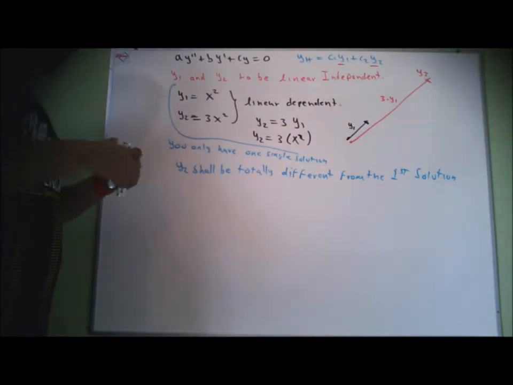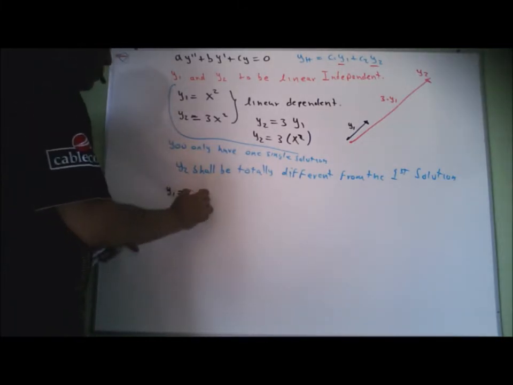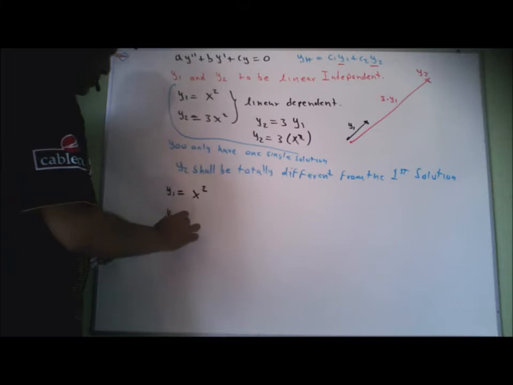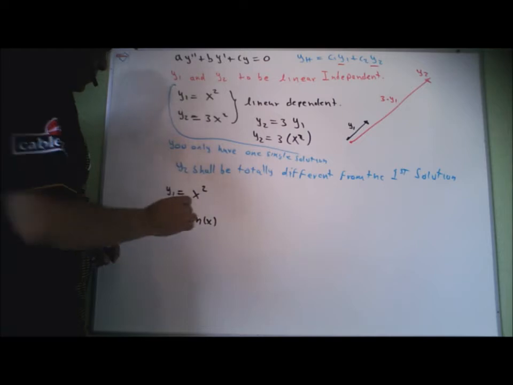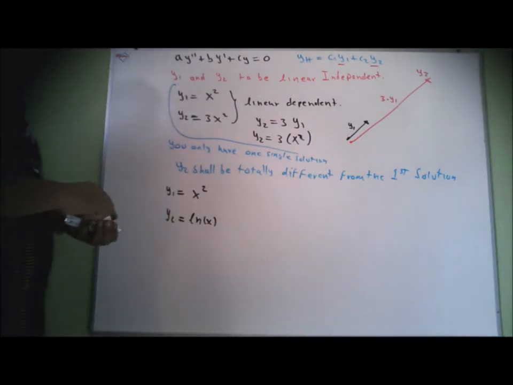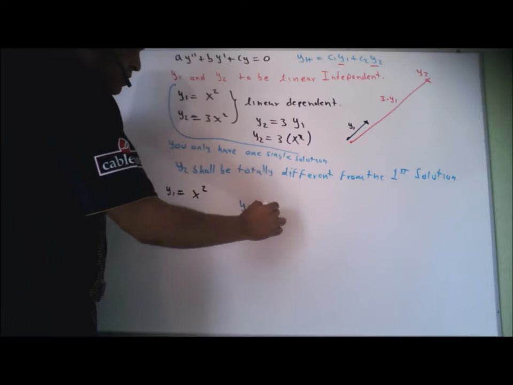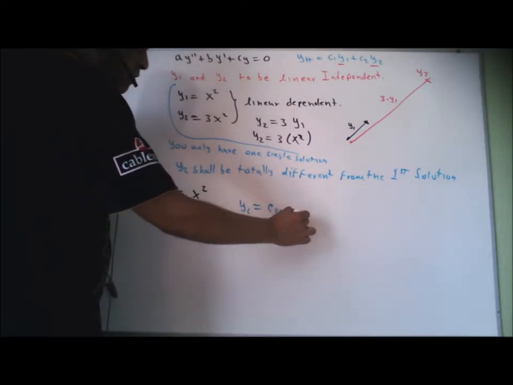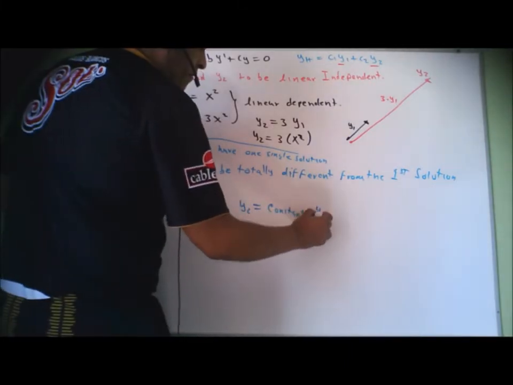Now let me give you one example of linear independence. Let's assume that y1 equals x squared, and my second solution is the natural log of x. It is totally different, because I don't see how I can make the second solution equal to a constant, meaning a number, times my first solution.